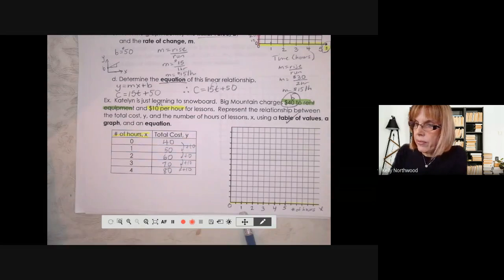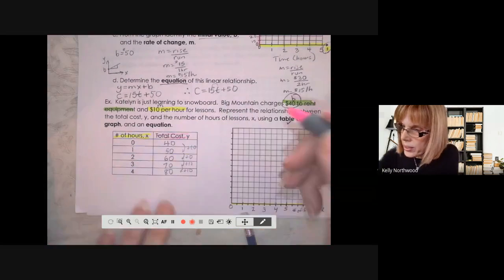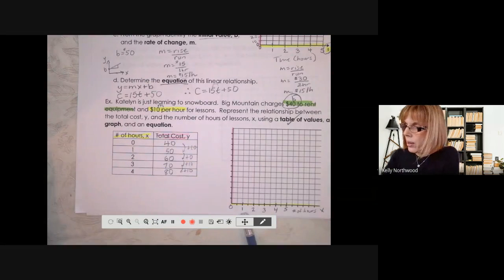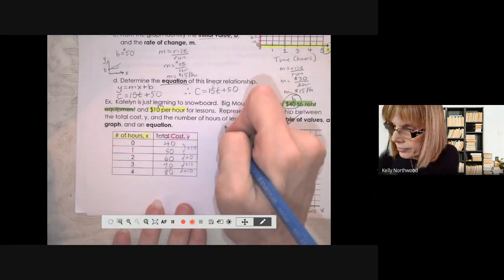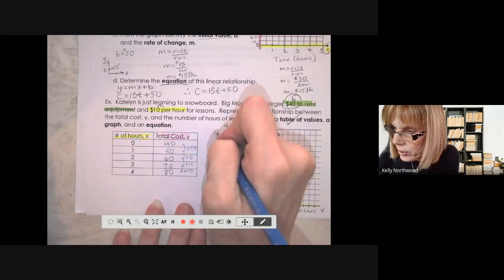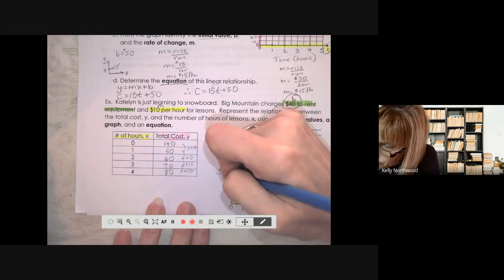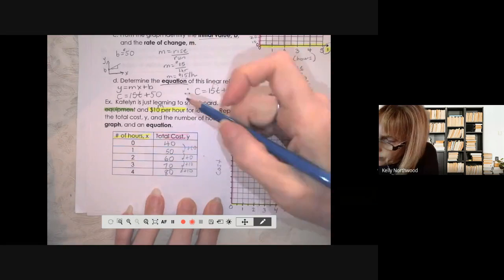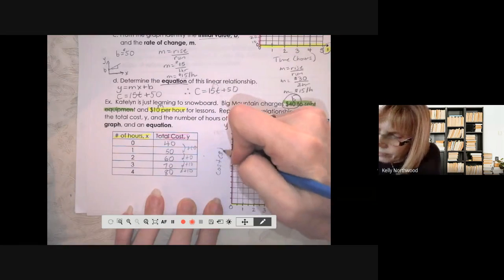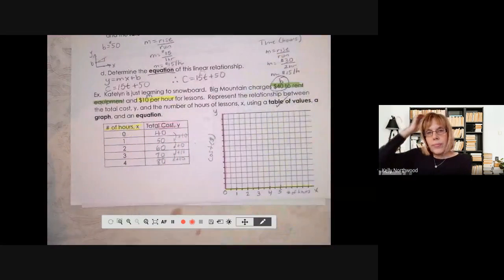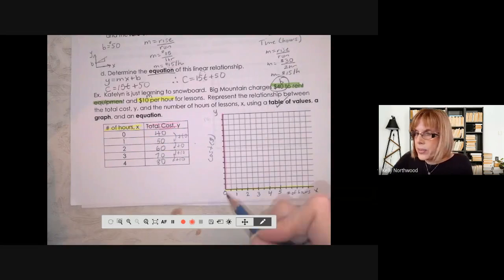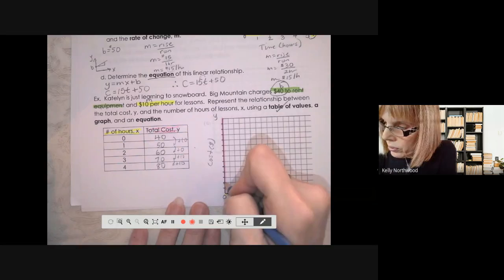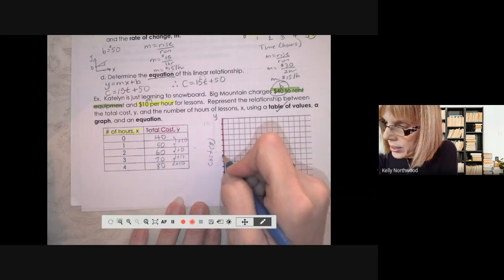And then this is our vertical axis, total cost. And we're calling it Y. And it would be in dollars. And for costs, we have to get from 0 to 80. 10, 20, 30, 40, 50, 60, 70, 80.